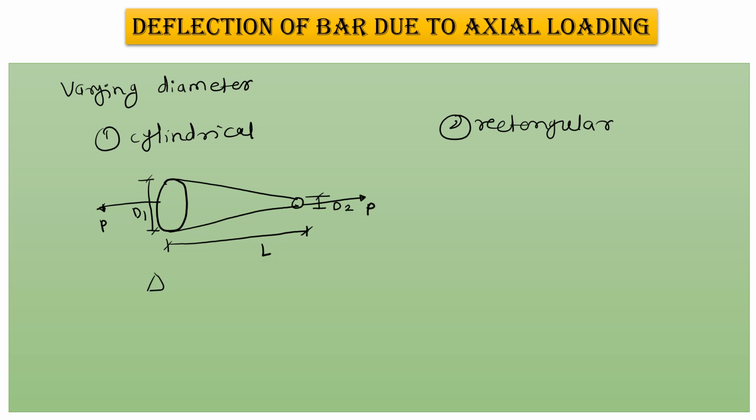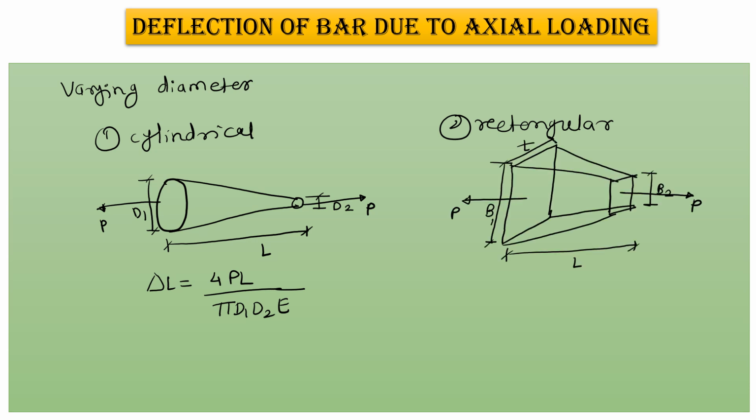Here the delta L for the cylindrical bar is 4PL divided by pi D1 D2 into E. E is the Young's modulus. The next is the rectangular bar, and this is the formula for deflection of rectangular bar.